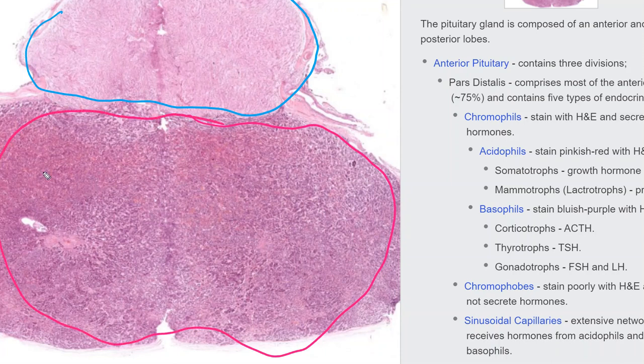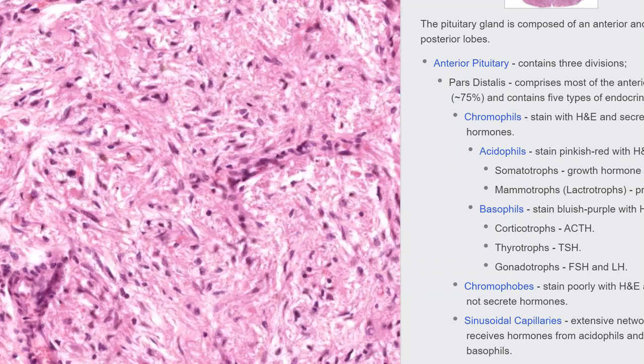So glandular tissue is much darker and redder, and the neural tissue is very pink, and that's because of all these myelinated axons running through it. So when you zoom in on the neural tissue, you can see pituitary nuclei and a bunch of myelinated axons running around.